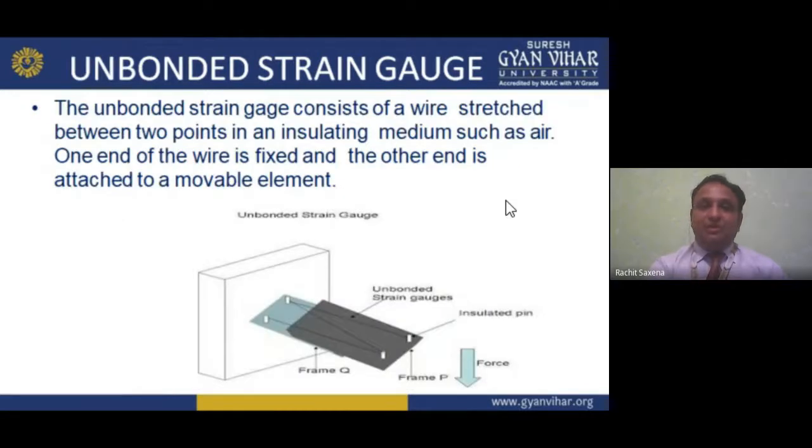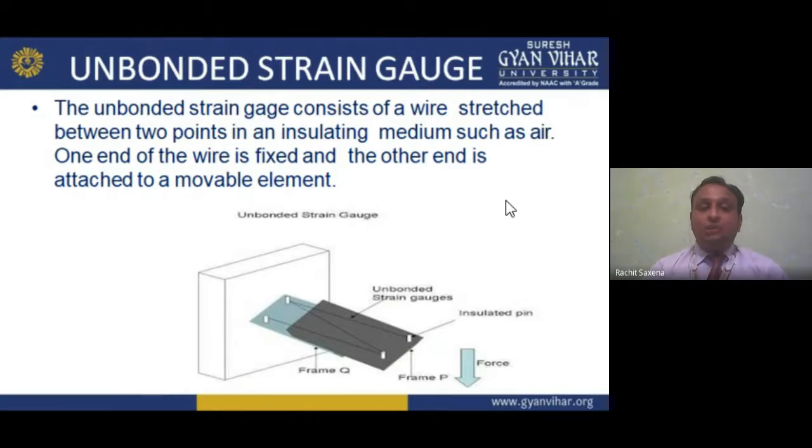Now, unbonded strain gauge. The previous one was the bonded. This one is the unbonded strain gauge. Unbonded means there is no bonding. In the previous there was a bonding, but in this there is none.